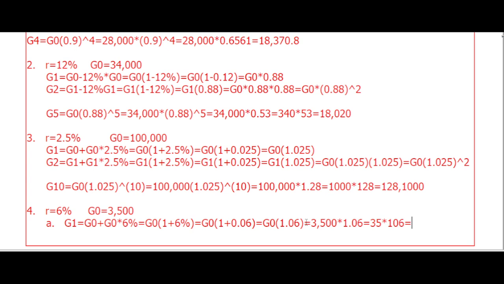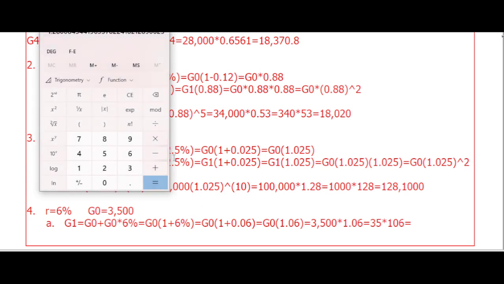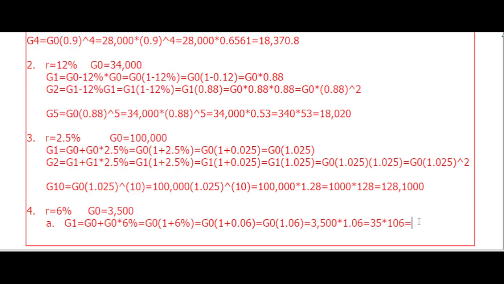Let's multiply 35 times 106, which is equal to 3710. This is the answer for question number A. Let's go to question number B.